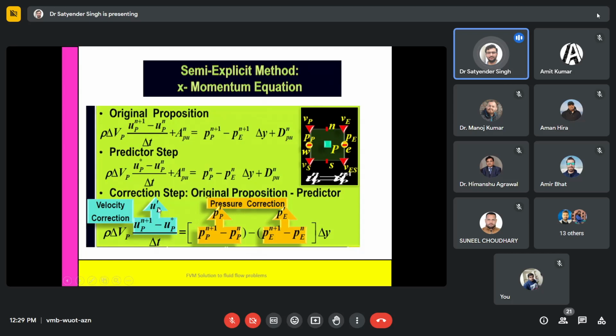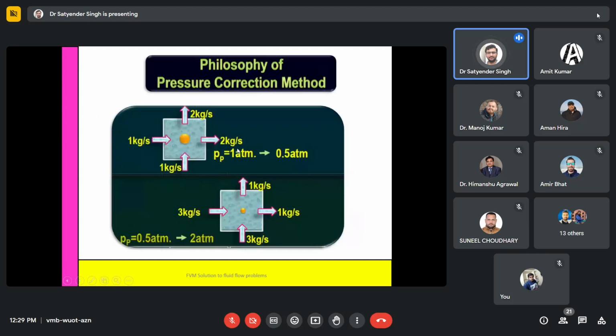And then again we write this corrector step, rearrange this for u at n plus 1. Again we make a guess for the pressure. Let's say in the first instance the pressure of 1 atmosphere has been considered. Then from the continuity equation we check that 1 kg per second is entering the control volume from the west side and from the south side.